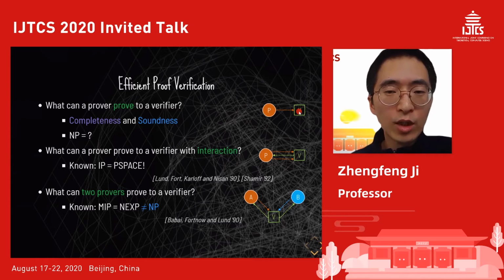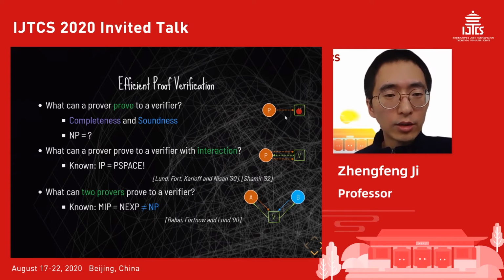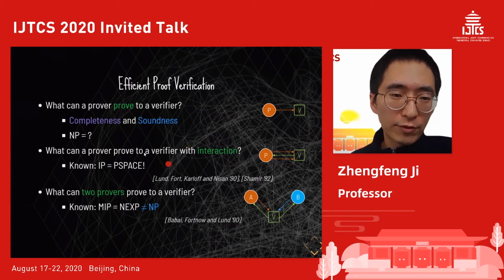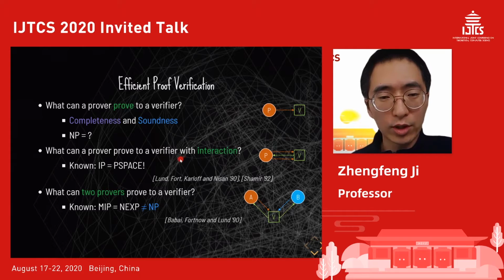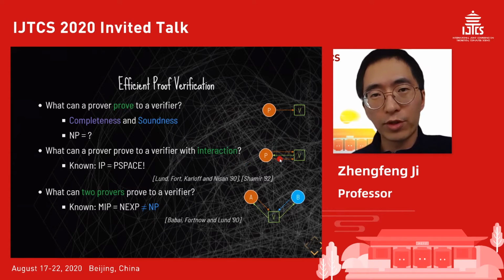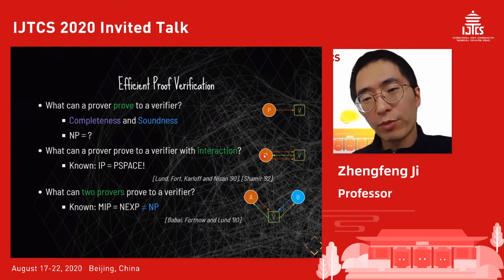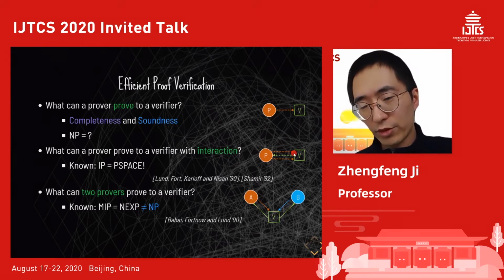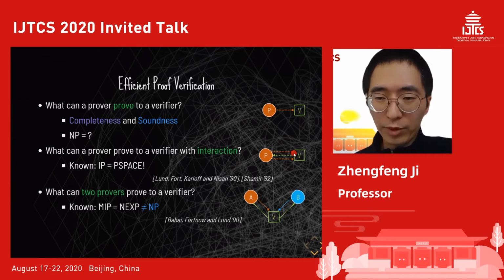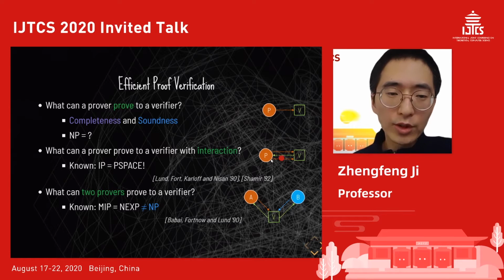So that's NP, and we don't know how it relates to, for example, P or other complexity classes. As a generalization of this class, and also motivated by cryptographic motivations, people studied interactive versions of the proof verification procedure. Now you have a prover and a verifier, and the prover can talk with the verifier in many rounds, a polynomial number of rounds.